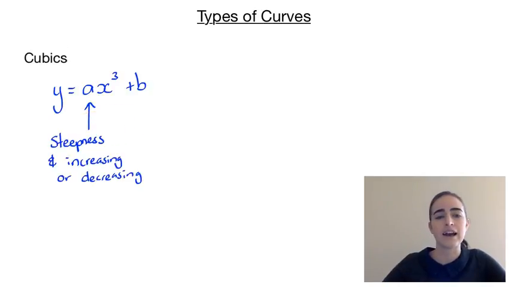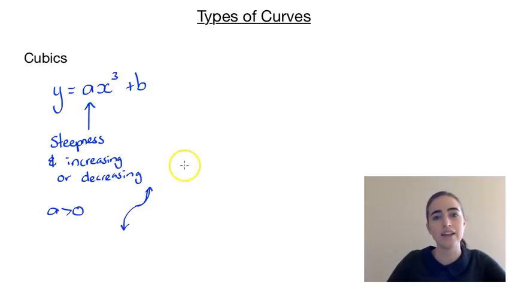So I won't write it down again, but it's the same. If a is a really big number, then our cubic is going to be really steep. If a is a number that's closer to 0, so a small number, then our cubic is going to be a little bit flatter. So again, if a is greater than 0, then our cubic is going to look something like this. So that's an increasing cubic.